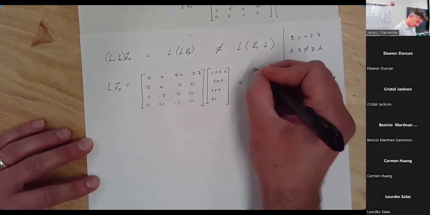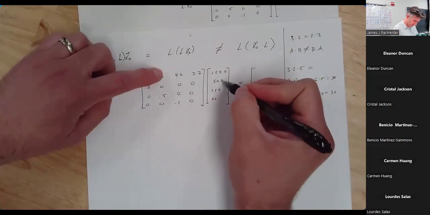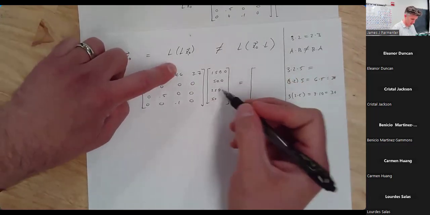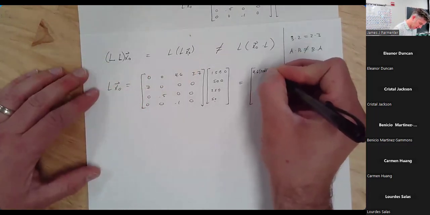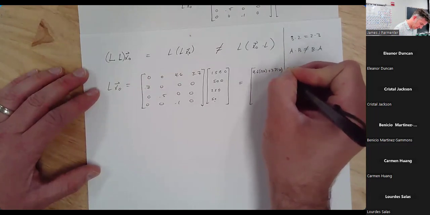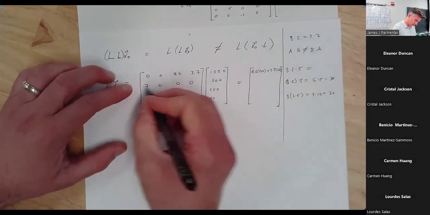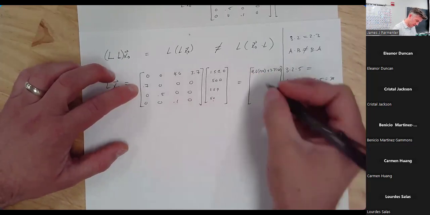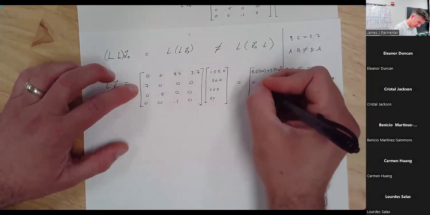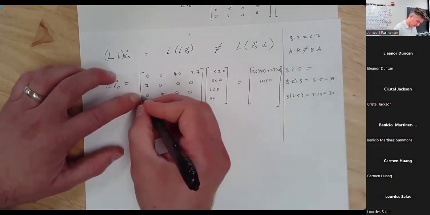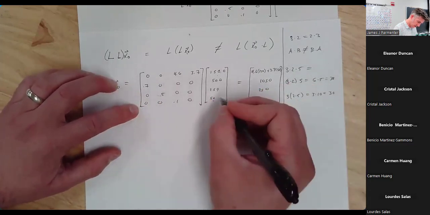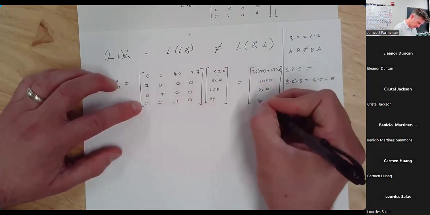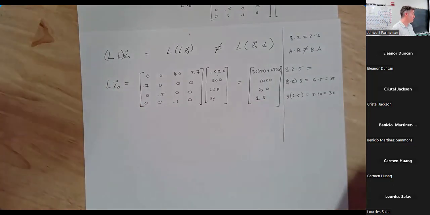Here we're going to get 0 times 1500 plus 0 times 500 plus 4.6 times 250 plus 3.7 times 50. Then in the second row, we have 0.7 times 1500, which is 1050. In the third row, 0.5 times 500, which is 250. And in the fourth row, 0.1 times 250, which is 25.